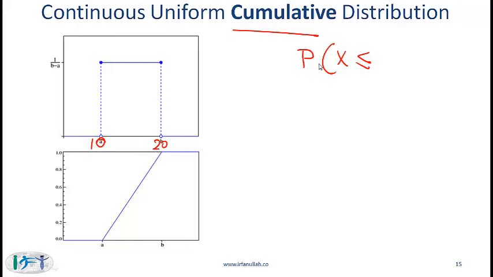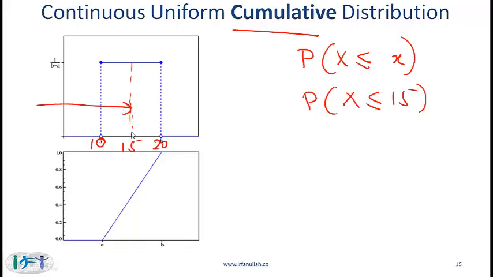So the cumulative distribution would essentially be P(X ≤ x) for a specific value of the random variable. If I say P(X ≤ 15), that is the cumulative probability up to 15. So that means all the probability that we accumulate up to this point. So that cumulative probability is equal to 1 over 2, and we just saw that.